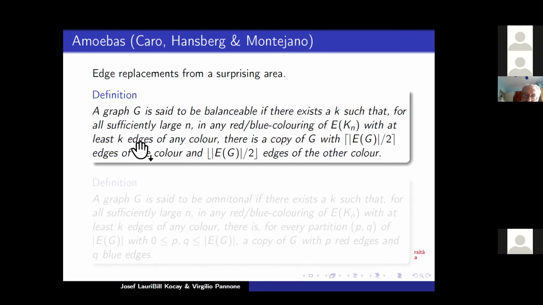In Ramsey we don't force that, but here we force that the number of edges of red or blue has to be at least K. If there is such a K, such that for any 2-coloring of K_n, there is a copy of G with half of its edges in one color, and a copy of G with half of its edges in the other color, and if the number of edges is odd, we take the floor and the ceiling, then we say that the graph is balanceable.